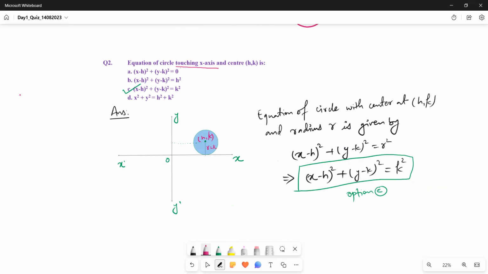So (h, k) is any general point. It can be in any quadrant. h and k can be positive or negative. So for a general point, we take (h, k) in the first quadrant, or any quadrant you can take.